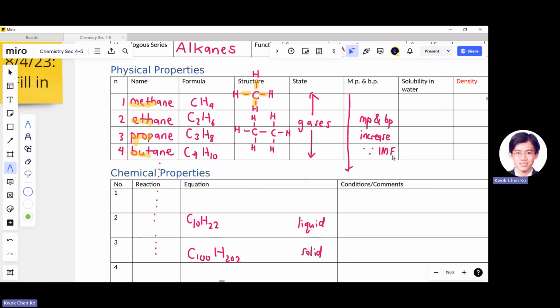IMF are the ones that affect MP and BP. So I want you to write down, basically, they get stronger. No need to know the reason, as for higher level.